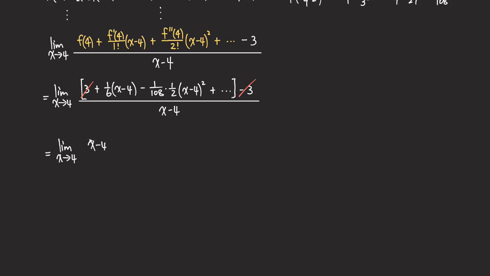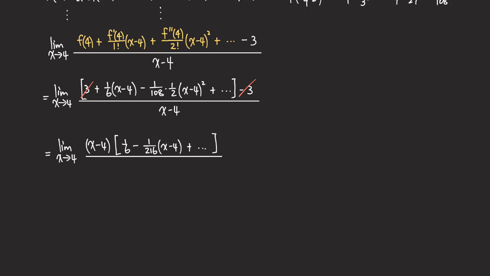If we factor it out, we just get 1/6. And what about this one? 2 times 108 is 216, so we have minus 1 over 216, and then x minus 4 to the first power, because we factor out one factor of x minus 4 from the x minus 4 to the second power. And then there are all the terms with x minus 4 to a higher power.